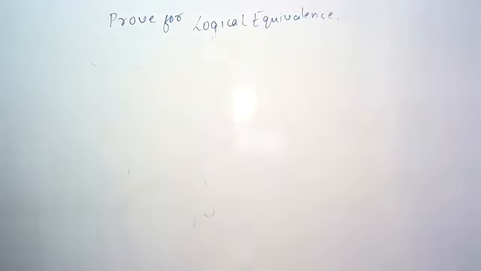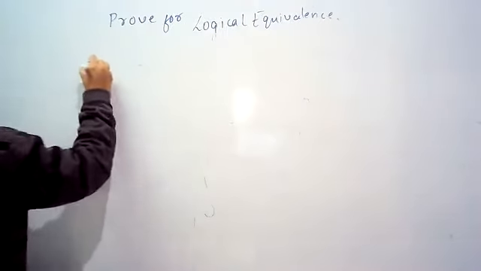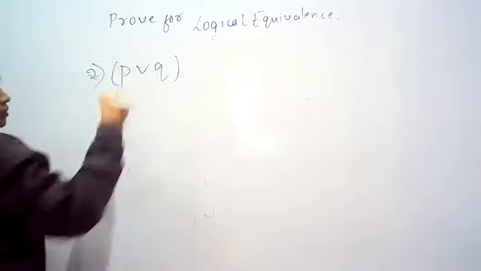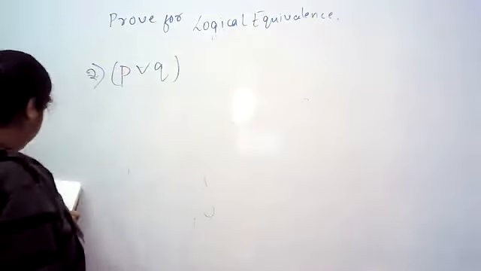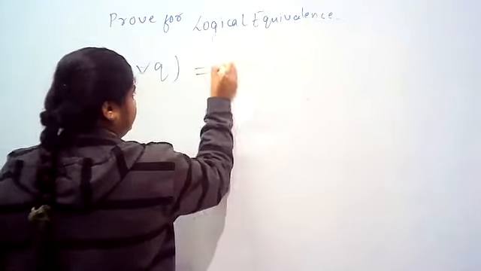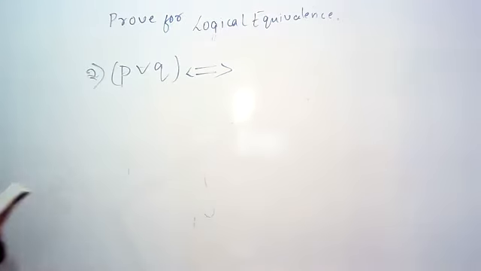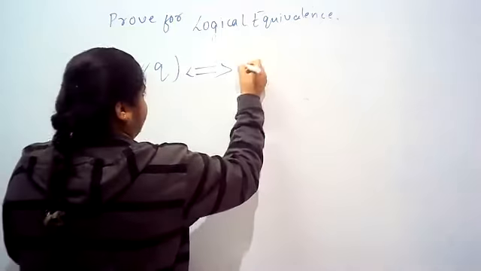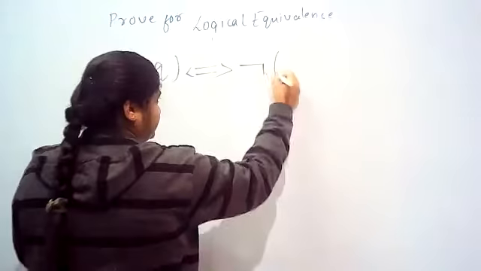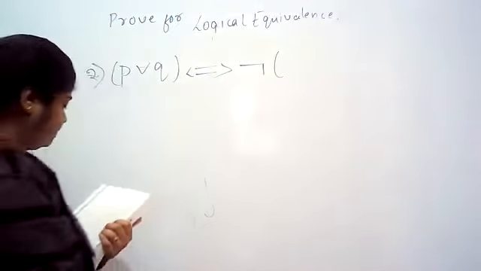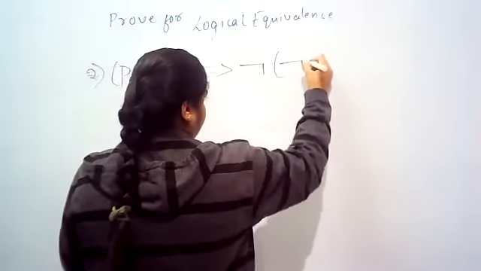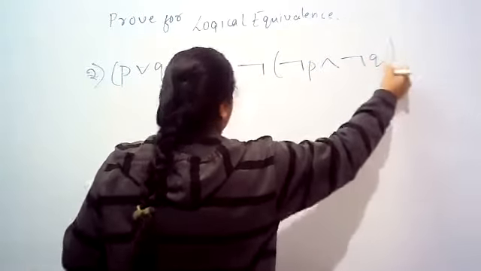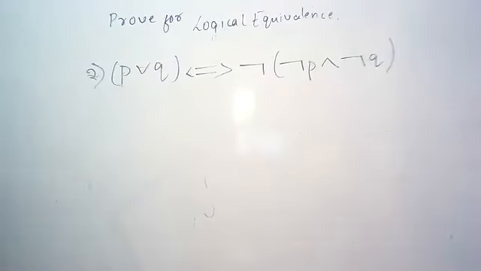P disjunction Q should be logically equivalent to negation of, see here, negation of negation P conjunction of negation Q. Copy this correctly, whoever is copying.